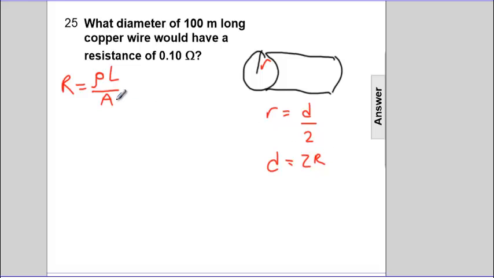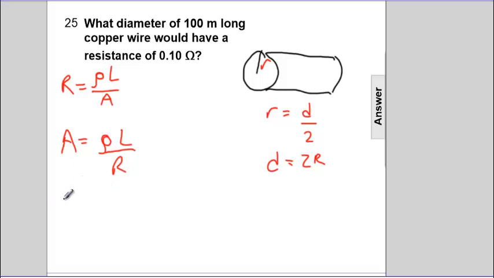So let's manipulate this equation and solve it for A first. A is rho L over R. So we could solve for that area, and once we know the area, we could find the radius, and once we know the radius, we could find the diameter. But we could solve this quickly by subbing in quite a few things.